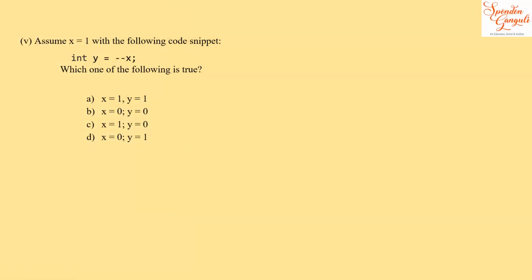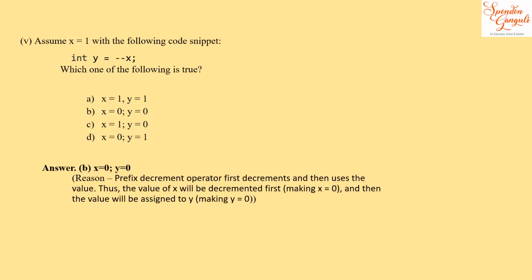Next question. Assume x equals 1 with the following code snippet: int y = --x. Which one of the following is true? x equals 1, y equals 1; x equals 0, y equals 0; x equals 1, y equals 0; x equals 0, y equals 1. Let's see the answer. It's x equals 0, y equals 0.